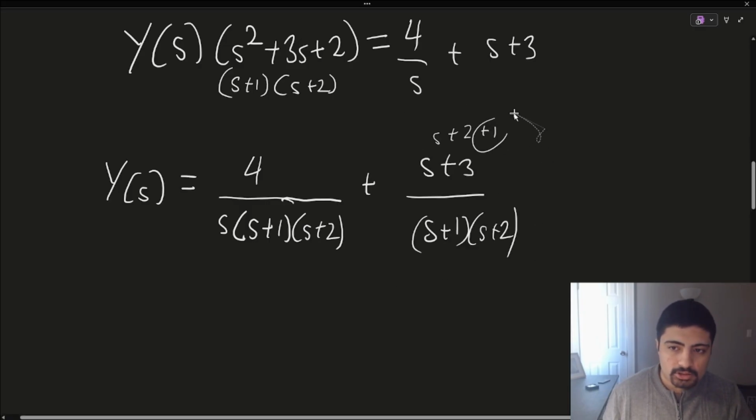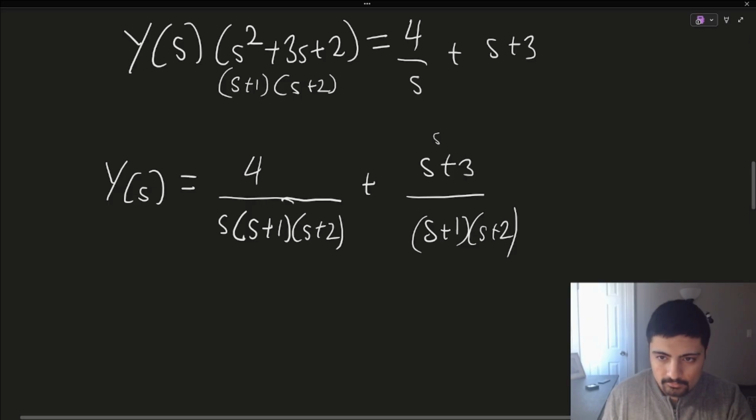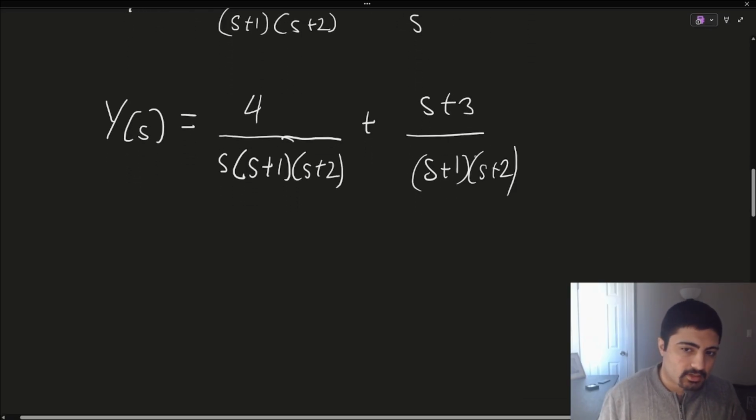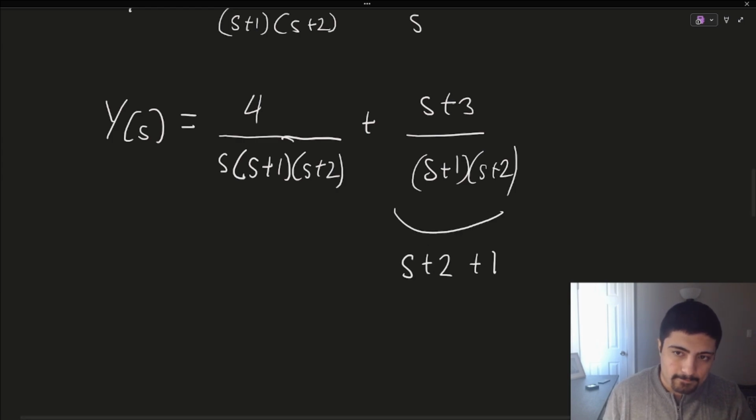So I'm actually kind of tempted to do it. First of all, I want to start with this guy. We can say that s plus 2 plus 1 is equal to s plus 3, having the same denominator, obviously. But I'm going to carry this 1 in a different denominator, so we're going to have it like this.